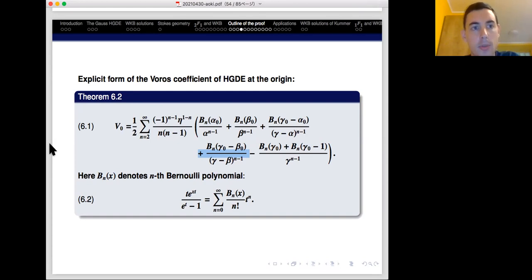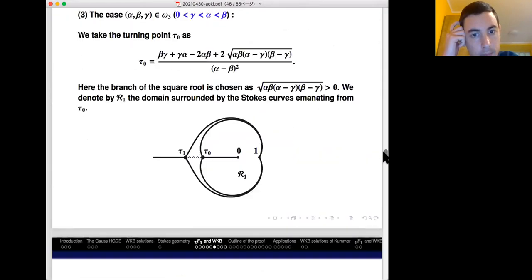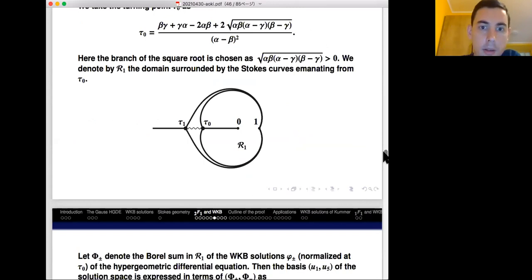So can you show me one of the Stokes graphs related to the Gauss hypergeometric function? Yes. So the thing is that the turning points are tau1 and tau0, and you can see that there are 3 Stokes curves emanating from those.